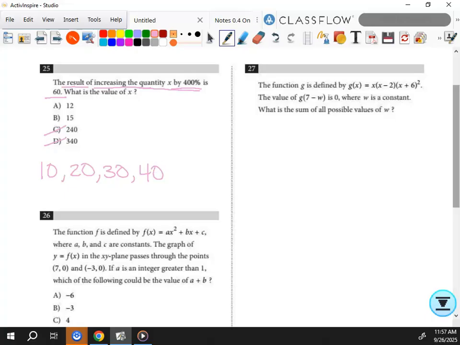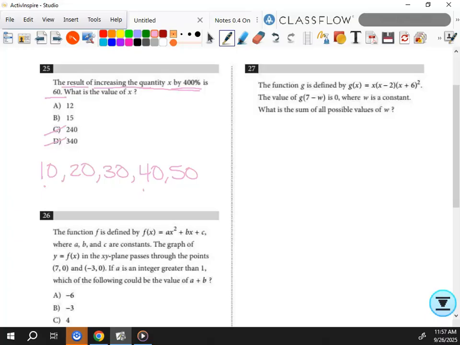By 400%, that's another 10 that gets me to 50. Increasing it by 400% is 50. Getting 400% of 10 gets me 40. If I increase something by 400%, I end up with 500% of it.